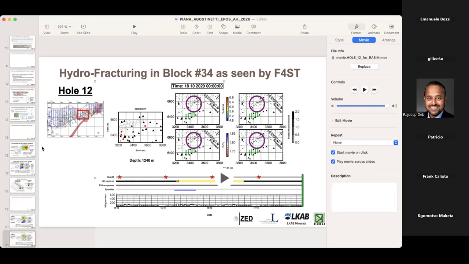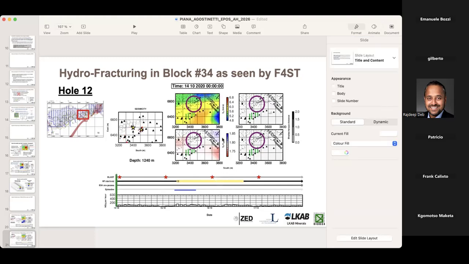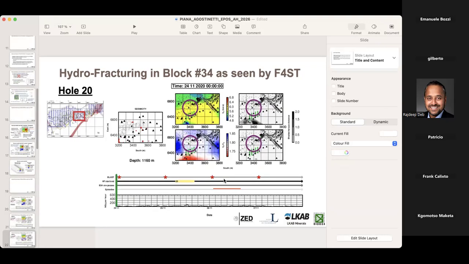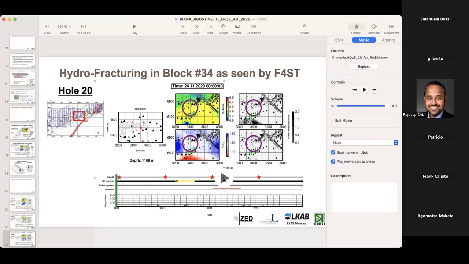In particular, if we go to the block for hole 20, which is this one, we can see that in this case, and I have to remember that hole 20 was drilled upwards, we have almost no seismic response, no events, and almost no anomaly appearing.